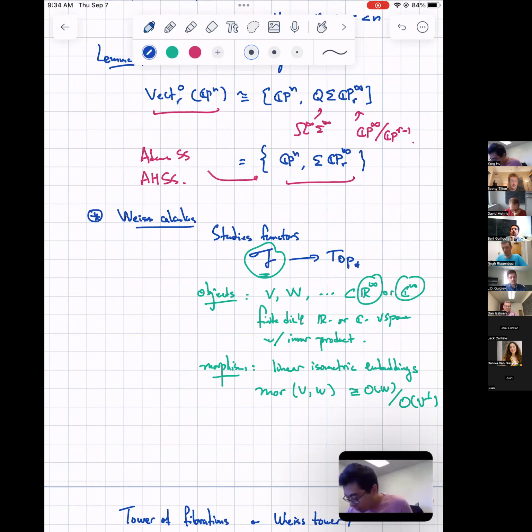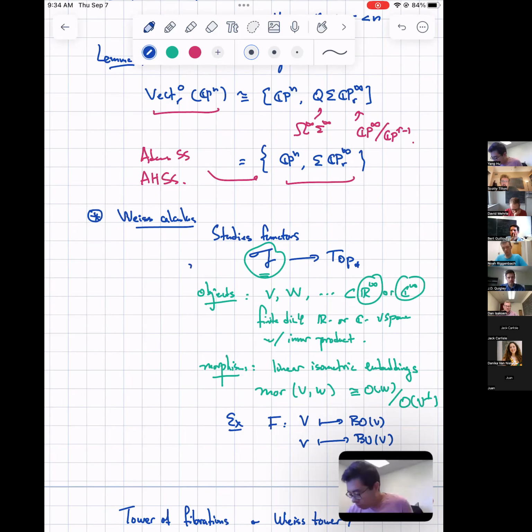Standard examples of such functors from this category of vector spaces to pointed topological spaces include the functor sending a vector space V to BO(V) if we work over the reals, or the functor sending V to BU(V) if V is a complex vector space.